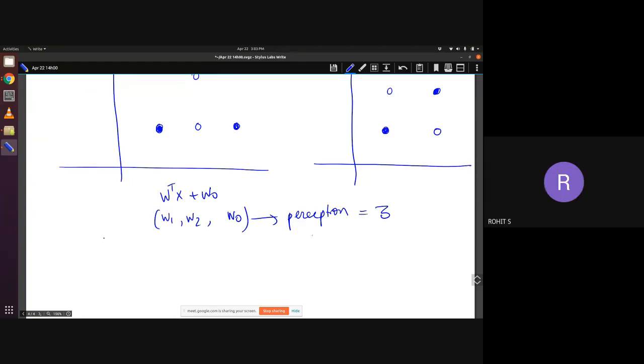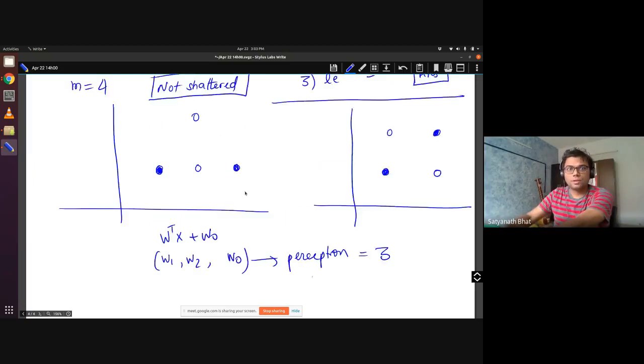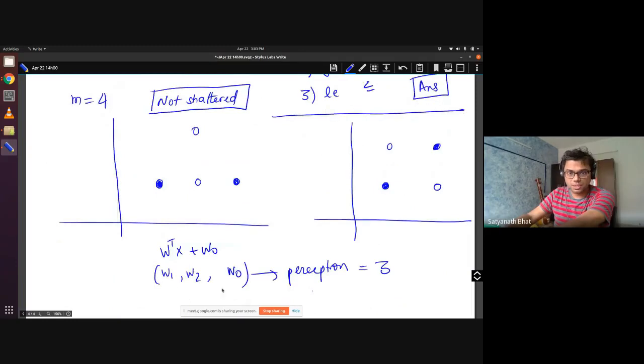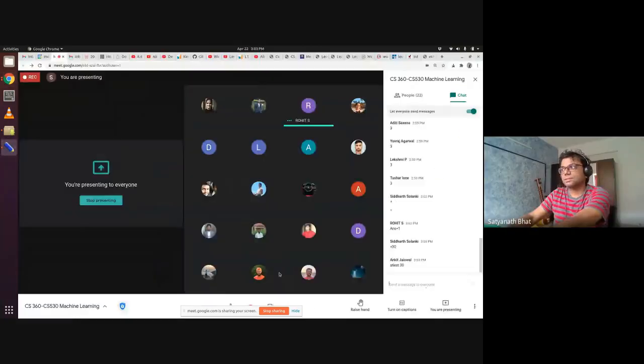The VC dimension is 3, so there are 3 parameters I'm learning. How many samples do I need using the thumb rule? 30. Yes, at least 30.